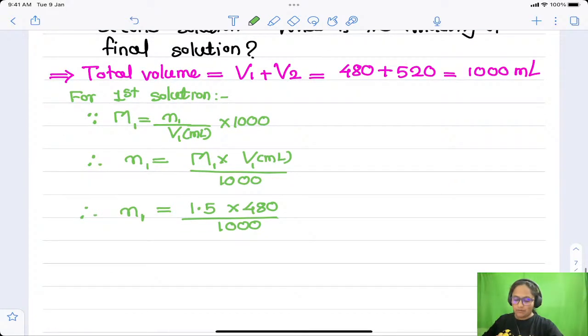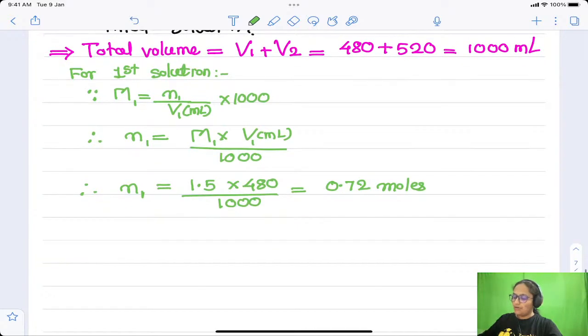I can solve it then. It will be equal to 480 multiplied by 1.5 divided by 1000, that is equal to 0.72. So the number of moles of the first solution is 0.72.